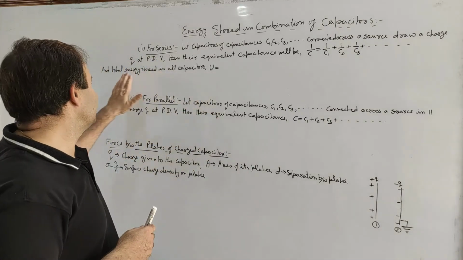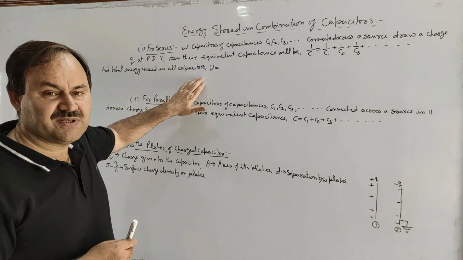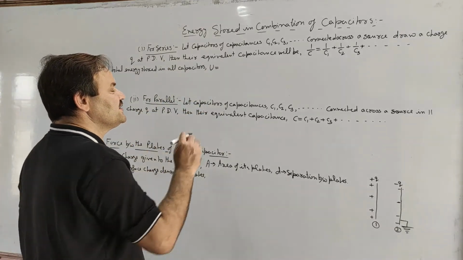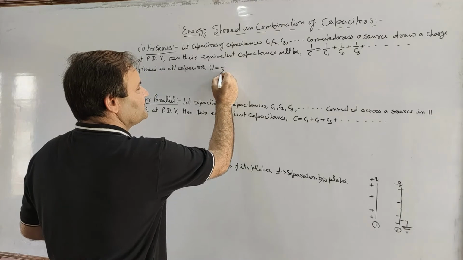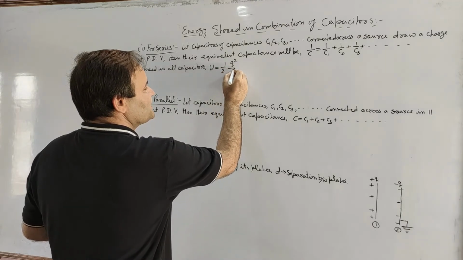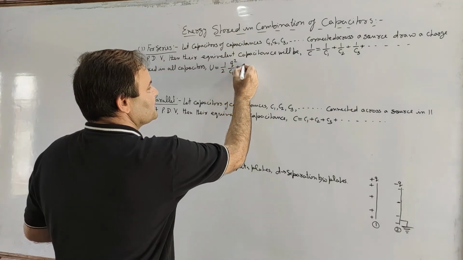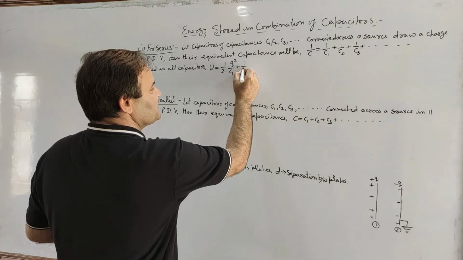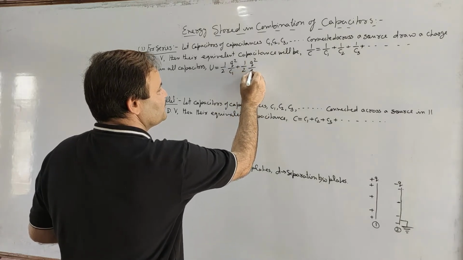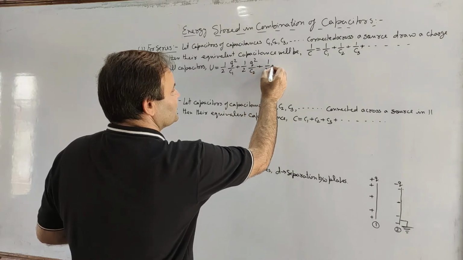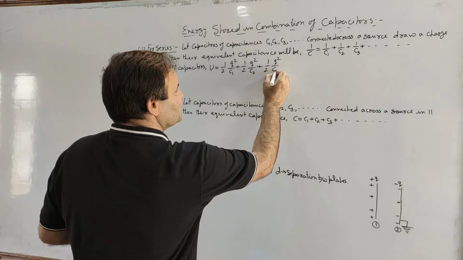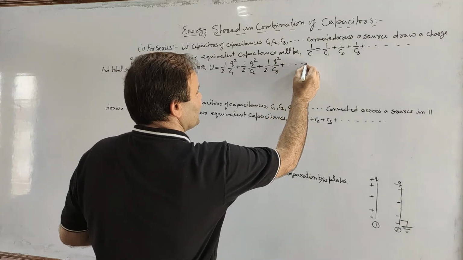So energy stored in all the capacitors is equal to energy stored in the first capacitor, half Q square by C1, plus energy stored in the second capacitor, half Q square by C2, plus energy stored in the third capacitor, half Q square by C3, plus so on.